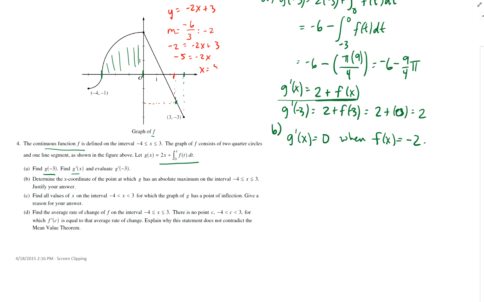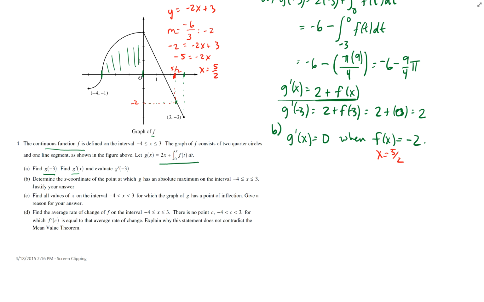So x must be 5 over 2, or 2 1/2. Okay, that's 5/2, and that's negative 2. So when f of x is negative 2, x is 5/2. Okay, let's go back to green.